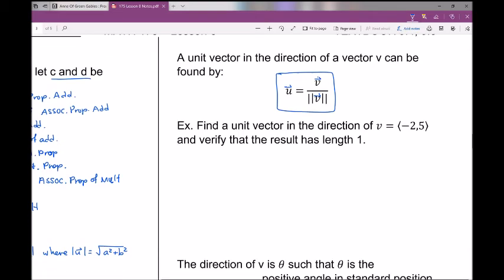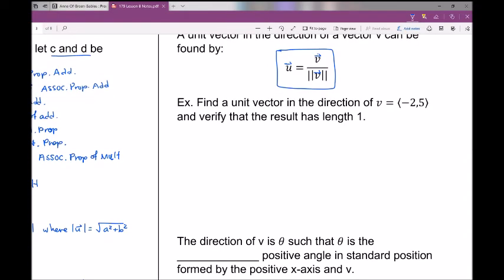Okay, so we're going to practice with an example. Let's find a unit vector in the direction of the vector v, negative 2, 5, and we want to verify that the result indeed has a length of 1. A unit vector from our formula is going to be the vector v divided by the magnitude of v.